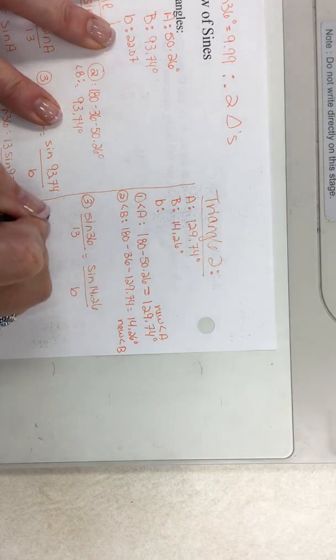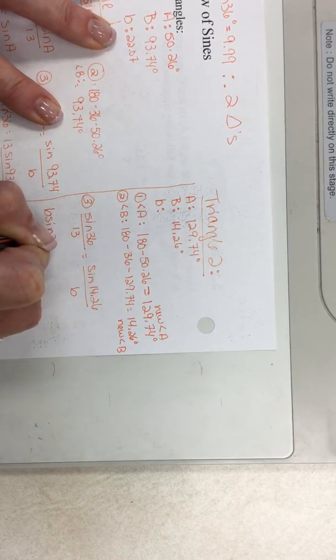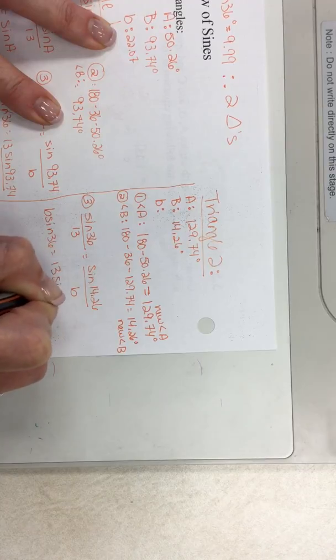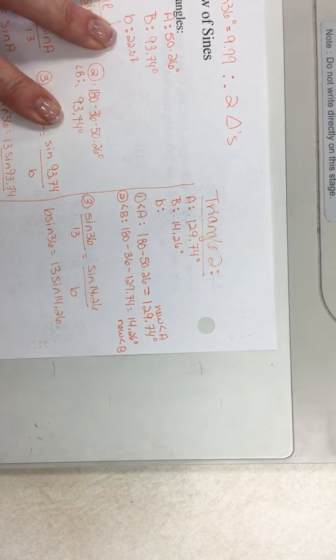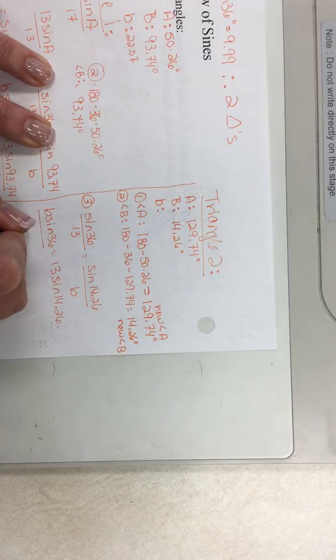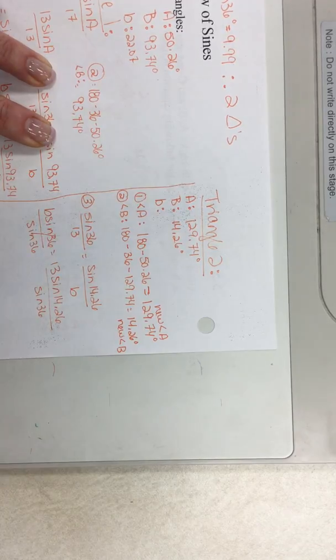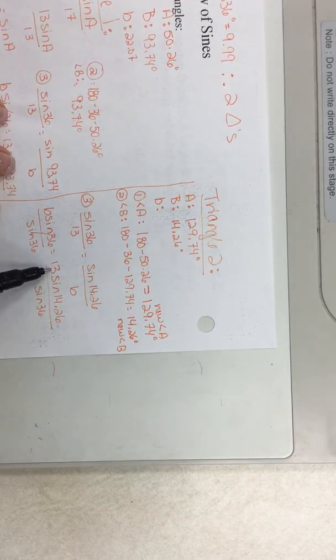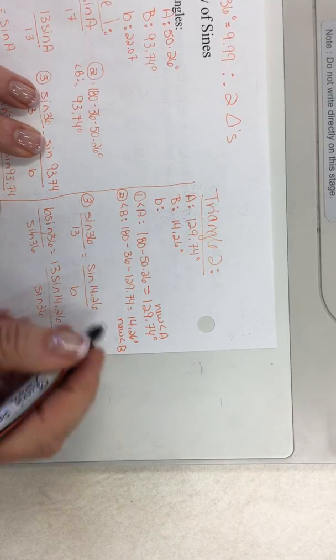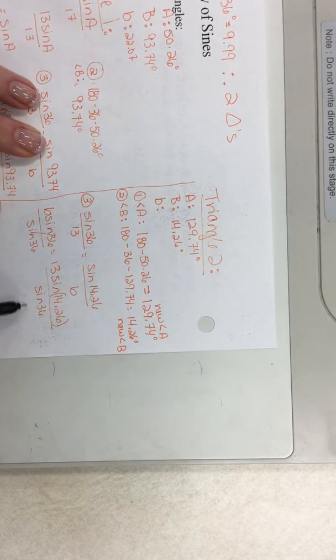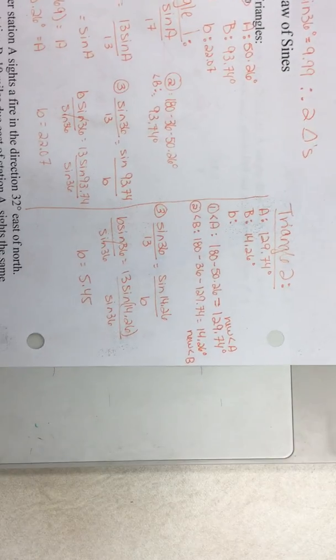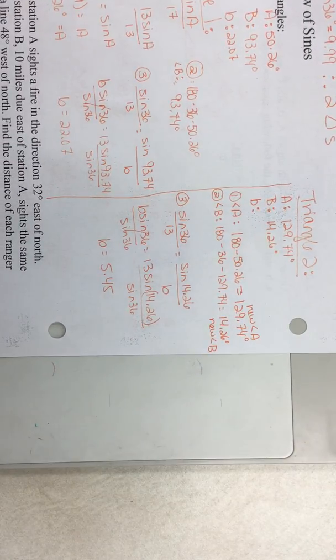Using my cross multiplication, B times the sine of 36 equals 13 times the sine of 14.26, which is my new angle B. Solving for B, divide both sides by the sine of 36. And so on your calculator, you're taking 13 times the sine of 14.26, making sure that's in parentheses, divided by the sine of 36. B equals 5.45.